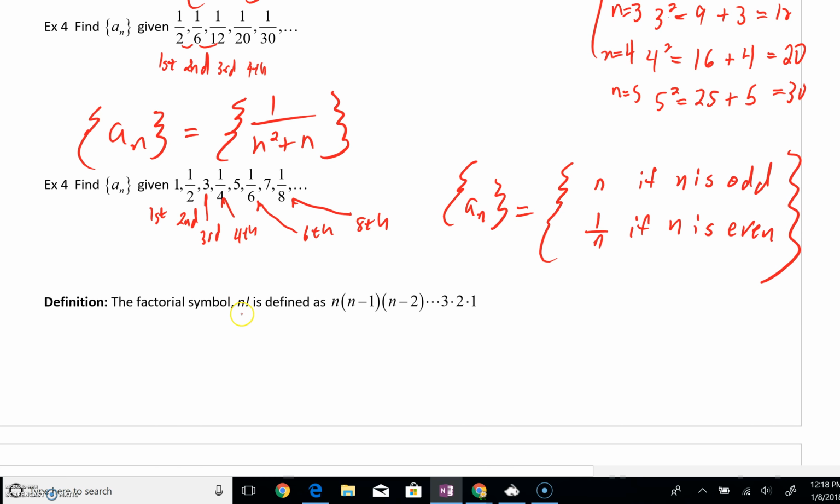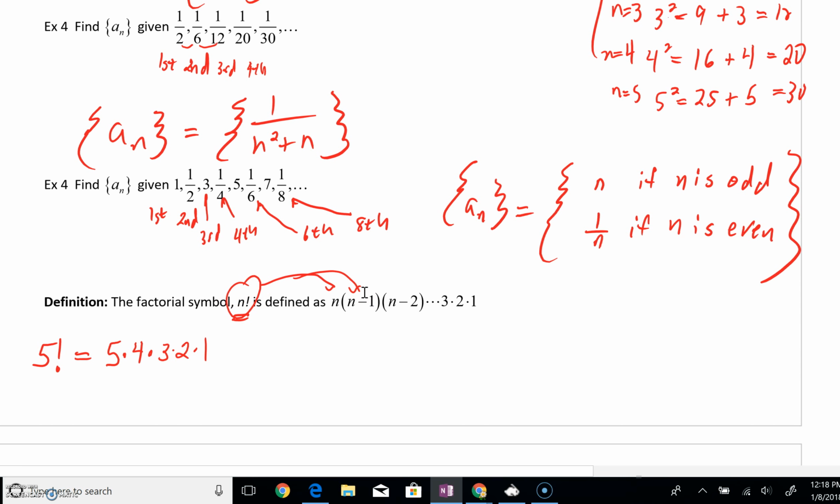Now, factorials, something that you've seen before, that little exclamation mark, really means that we can take, for example, if I gave you 5 factorial, would say take that positive integer 5, and multiply by 1 step below, 4 times 3 times 2 times 1. See, that's what n factorial in this form is really saying.